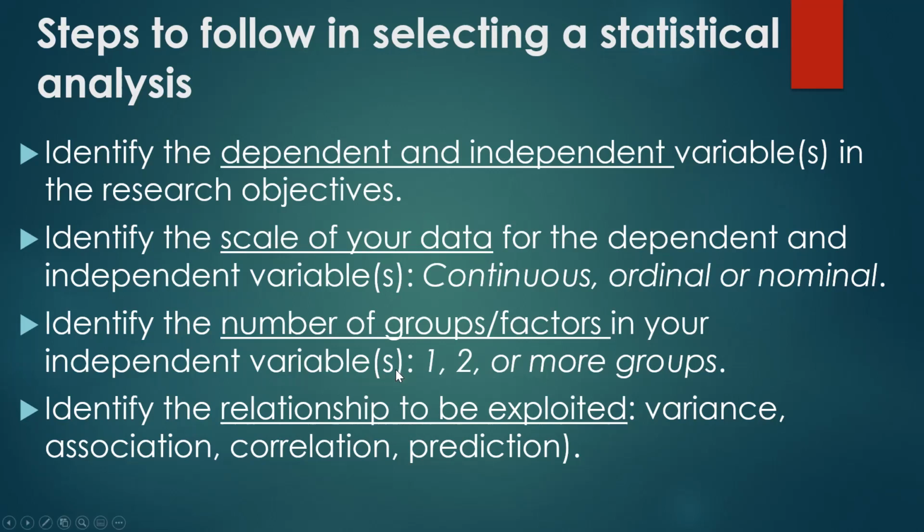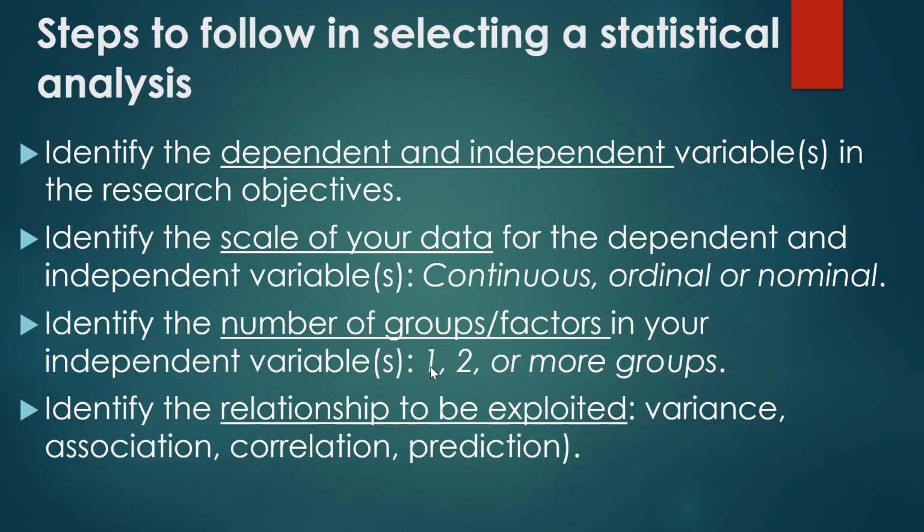But the bottom line is your independent variable must have 1, 2, or more groups, and you should be able to identify them before you proceed to decide on which data analysis model you want to use for your data.